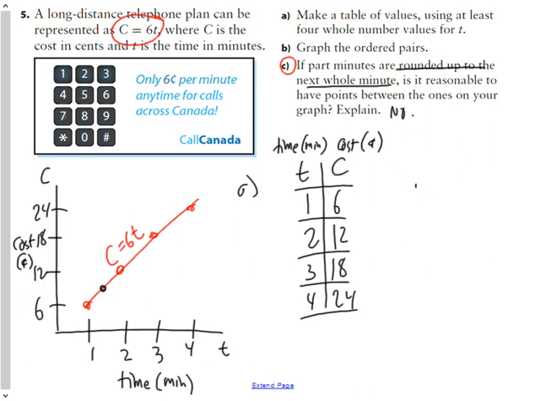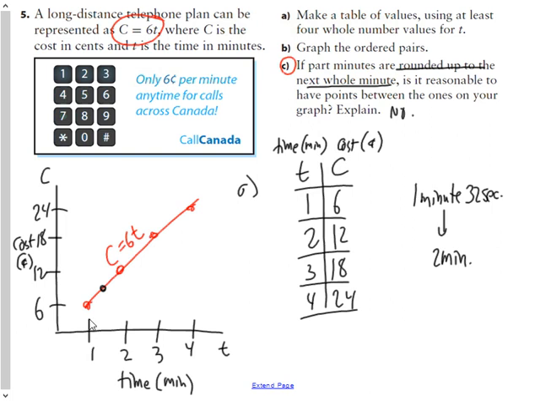For example, if I talked on the phone for 1 minute and 32 seconds, they are not going to charge me for a part phone call. They're not going to charge me 3 cents for that 30-second extra part. They are going to make this into a 2-minute phone call because they're going to round up.